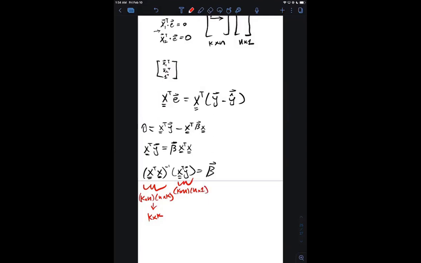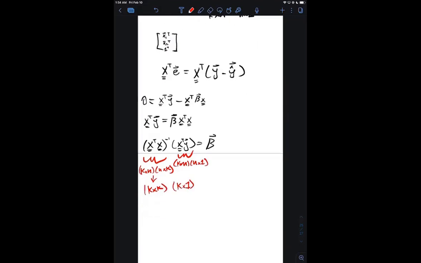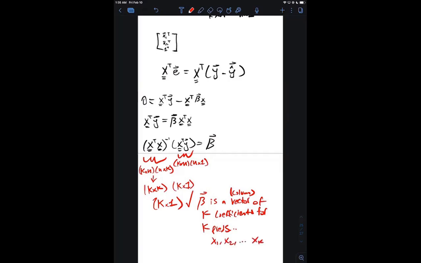And then the dimensions of that will all be k by 1, which is standard because beta is a column vector of k coefficients for k predictors x1, x2, xk. So that all checks out, which is really nice.